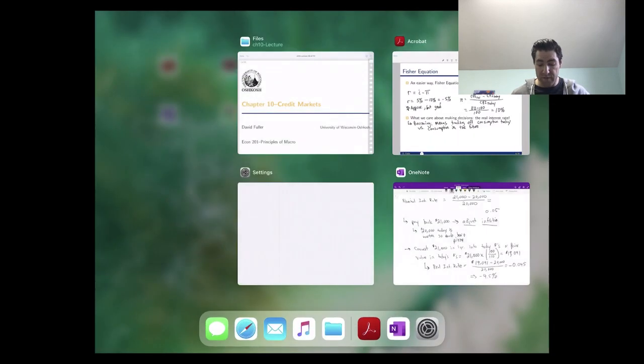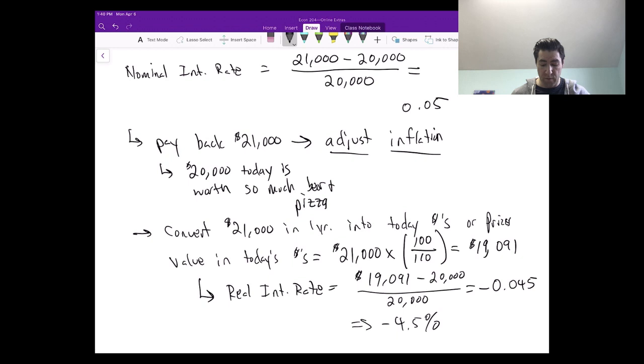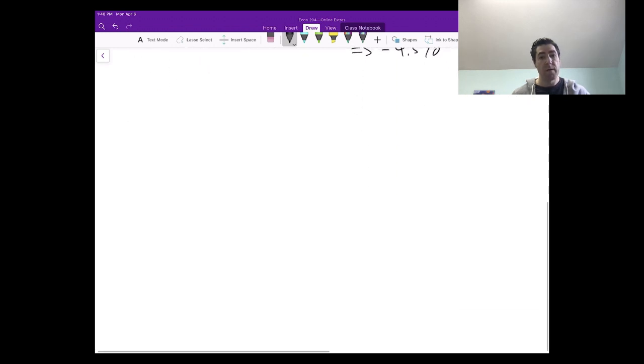So let me just do a really simple example here. It's similar to what we did in the past one, only I'm going to put things in terms of goods and services. So let's just assume that there's one good, pizza. That's the only thing I buy.